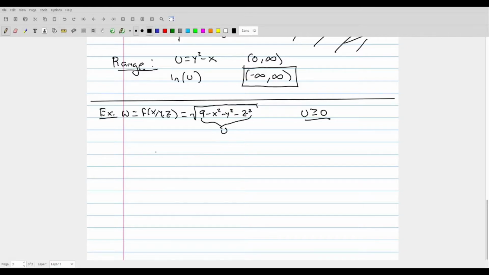So our domain restriction for this function is that 9 minus x squared minus y squared minus z squared has to be greater than or equal to 0, which is the same thing as the condition, when you add x squared plus y squared plus z squared to both sides, that x squared plus y squared plus z squared is less than or equal to 9.